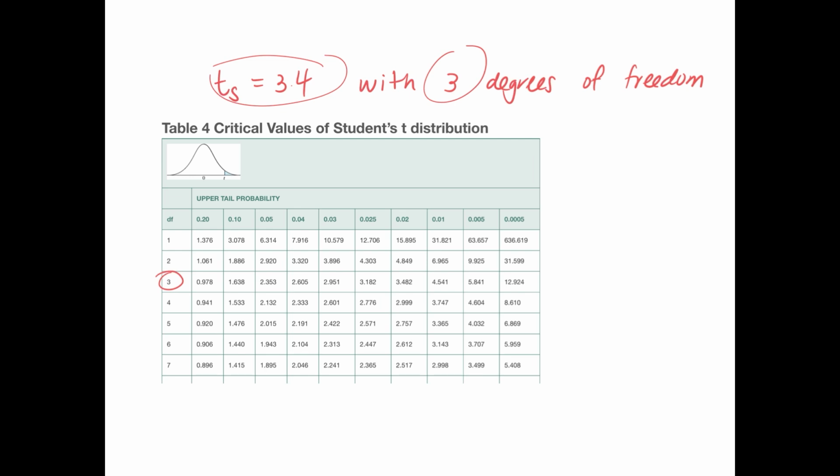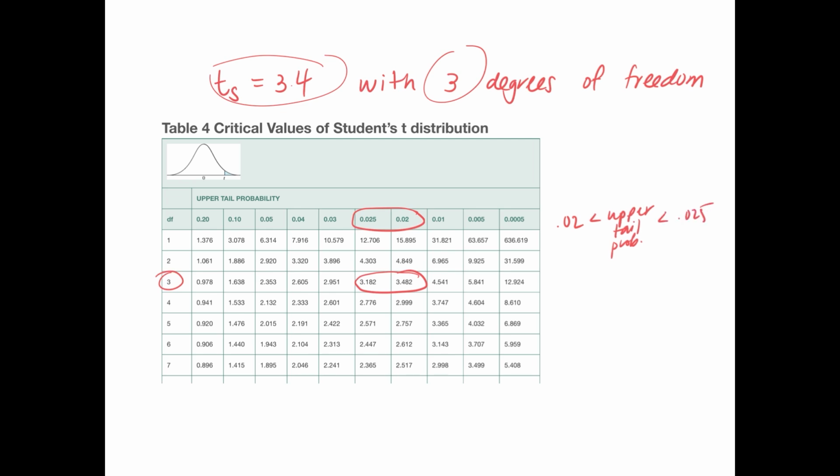So I can say for sure that it's somewhere between these two values on this row, which means the corresponding upper tail probability is between 0.02 and 0.025. So 0.02 is less than the upper tail probability, which is less than 0.025.